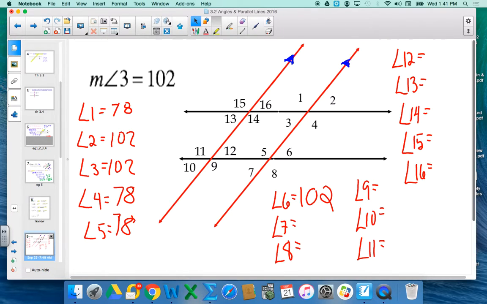Noah, you're up. 7, 8, and 9. 7 and 6 are vertical. Good job. 7, 8, and 9. Okay.